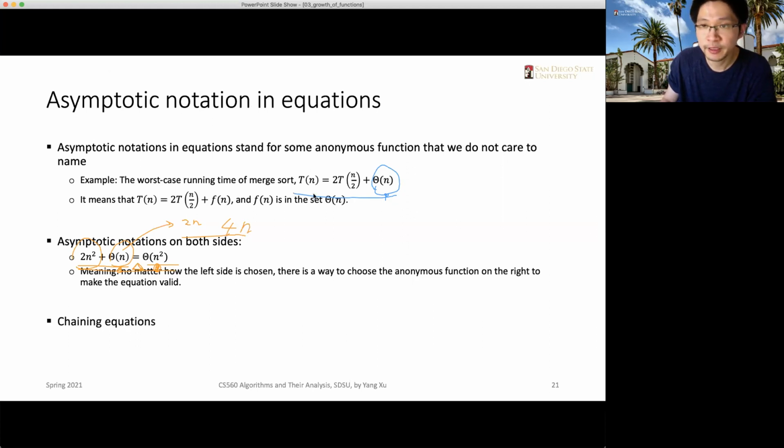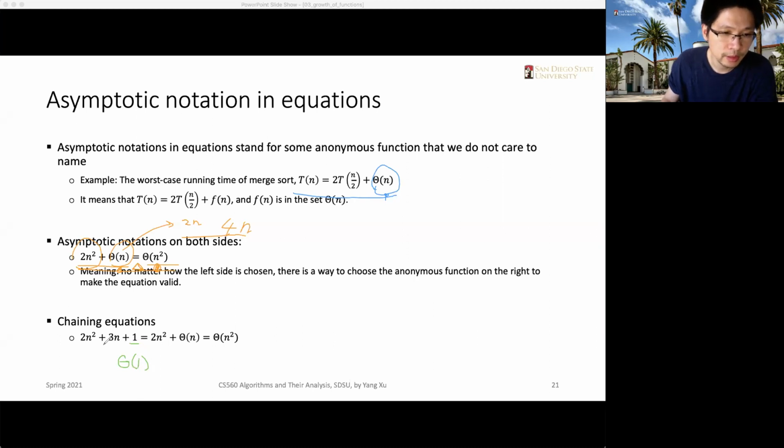And another more flexible usage is that we can chain the equations, which is similar to the case above. So we can ignore the lower order terms in the equations. If we look at the constant term here, this one can be written as big theta of 1, right?